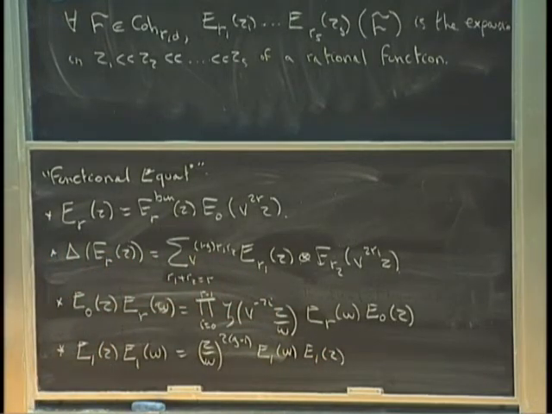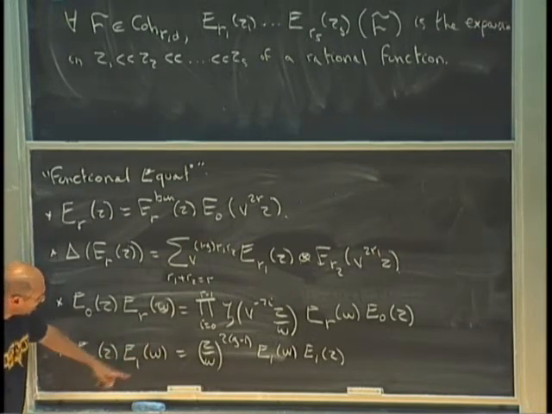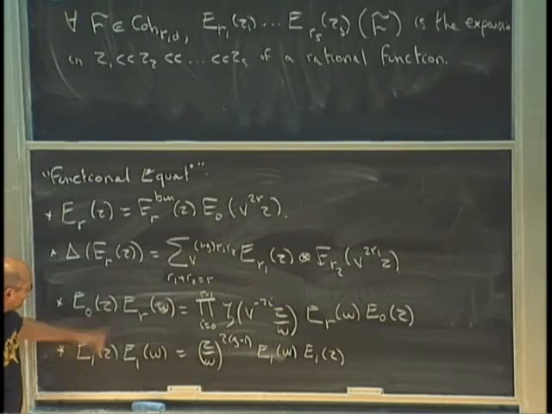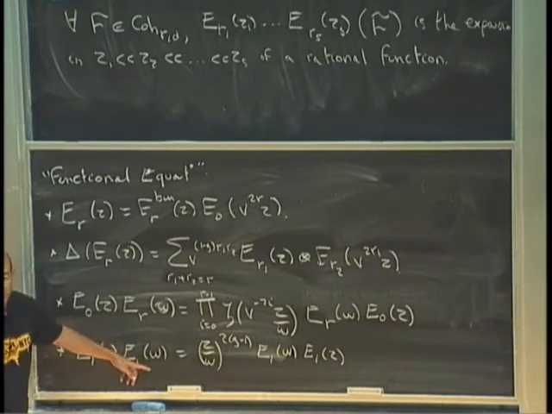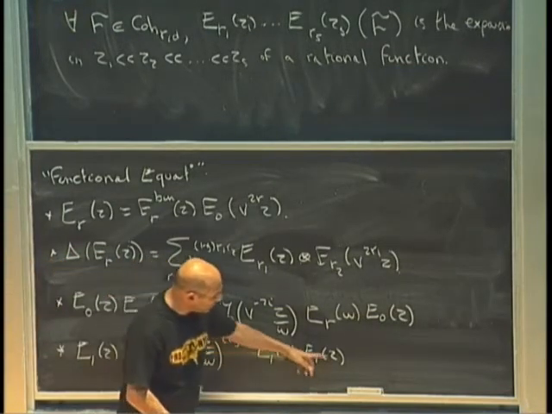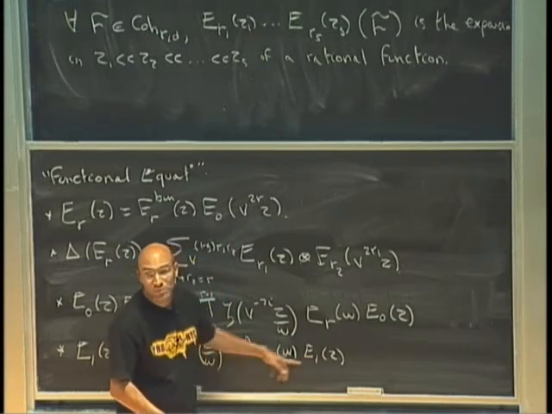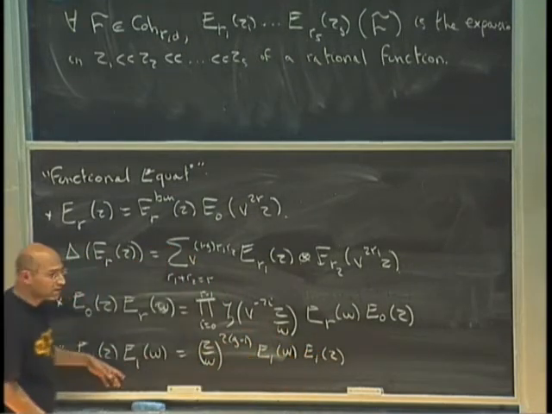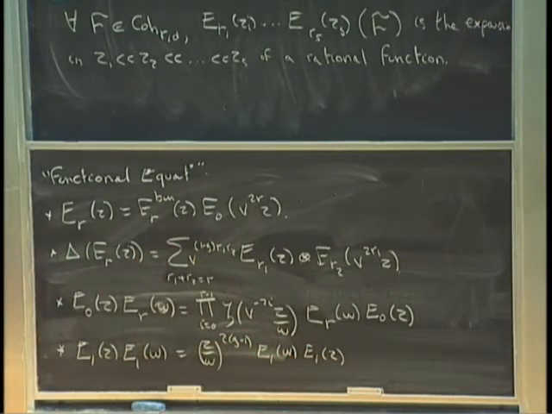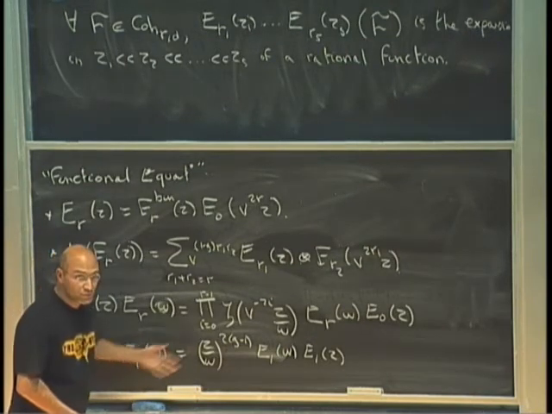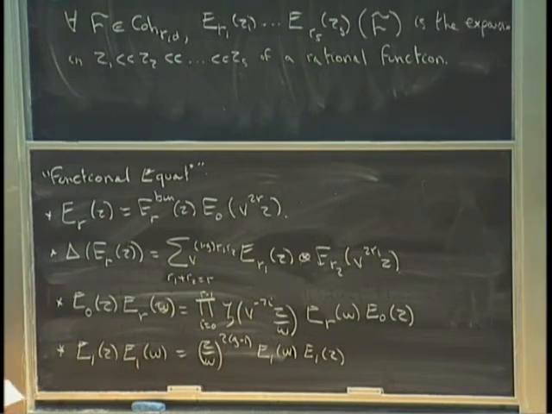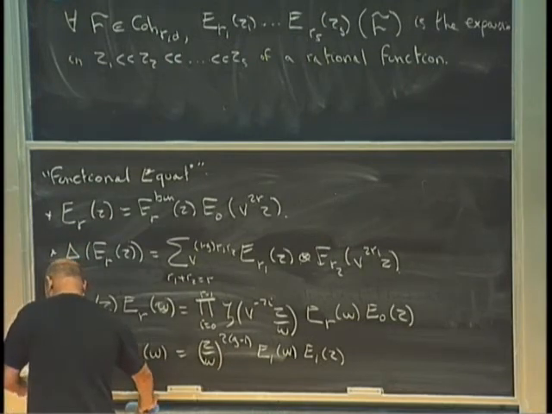There is a little bit of subtlety involved here. Namely, this series converges in the region where Z is much smaller than W. Here, it converges in the region where W is much smaller than Z. But this is an equality of rational functions. So you develop the same rational functions in two regions, and you find this equality.